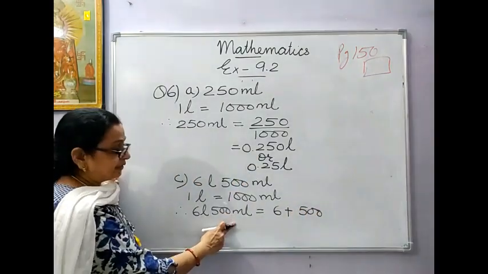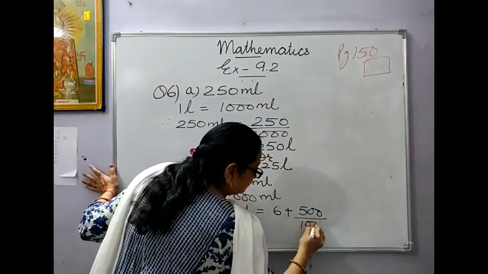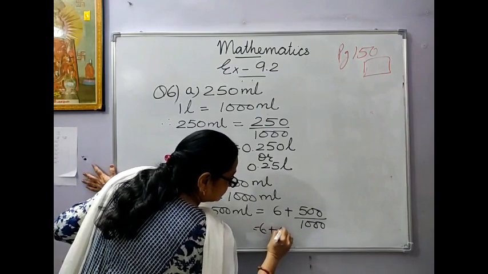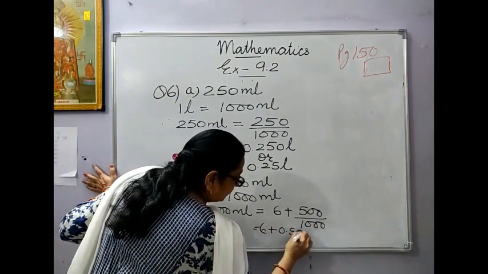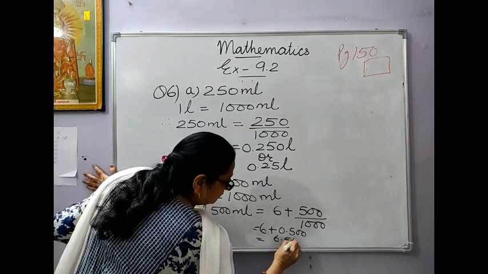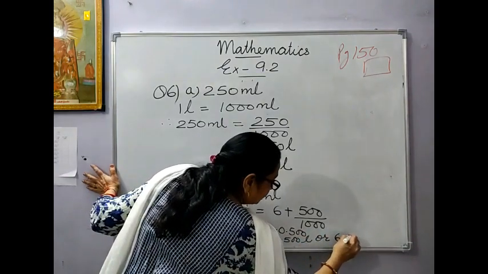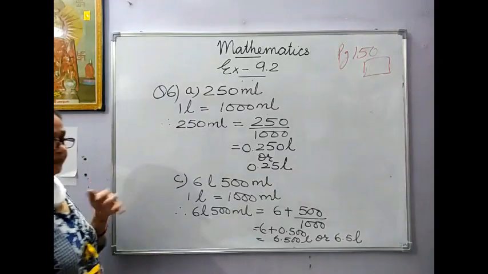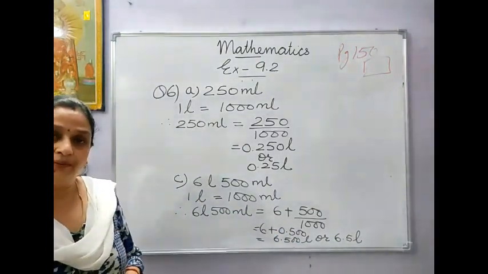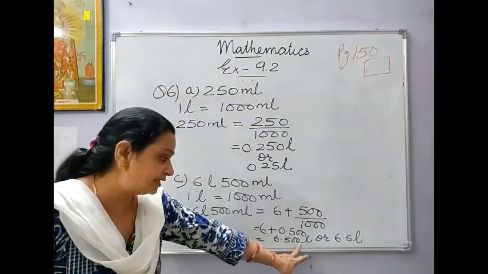We have to convert into liters. So moving from smaller to higher unit, we will divide it by 1000. So it will be 6 plus 0.5, which is 6.50 liter or 6.5 liter. Both are right. Because if this is 0 we are removing, we can remove this also, because it comes at the last.